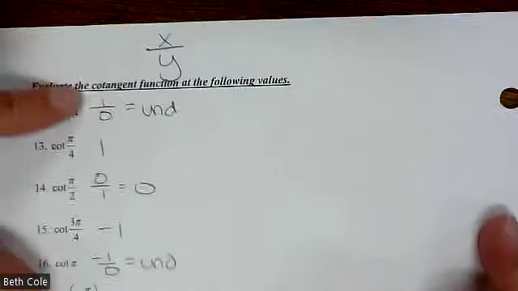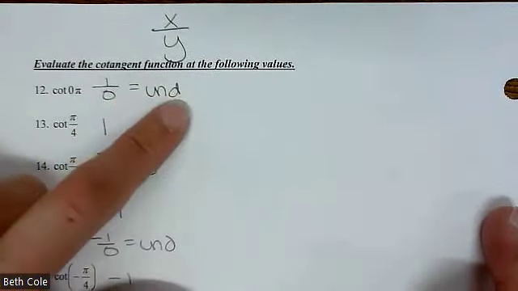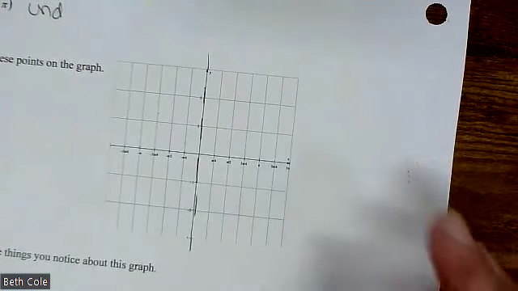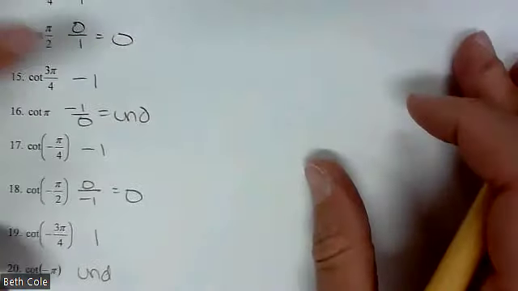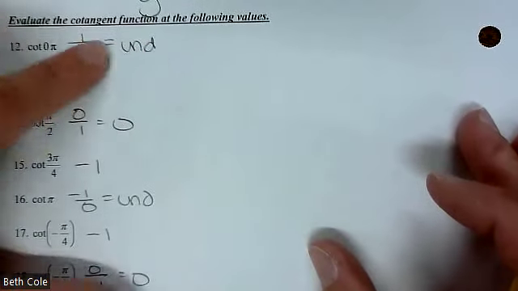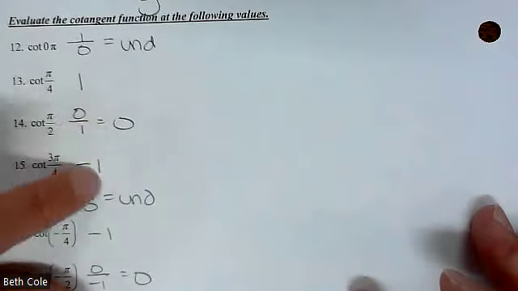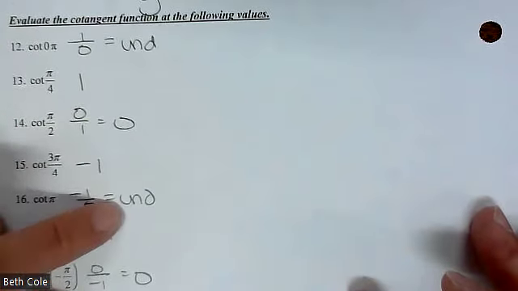Okay. Did you get undefined for the first one? Okay, so you're going to start with an asymptote for this one at 0. And then what's your pattern? After the asymptote, it goes what? Yeah, 1, 0, -1, and then another asymptote.